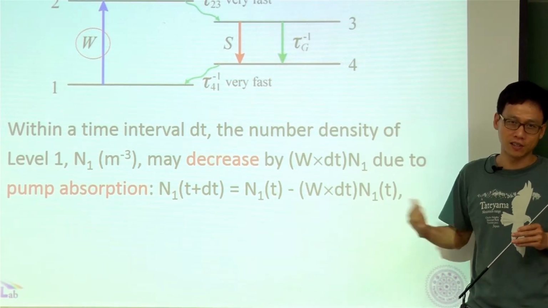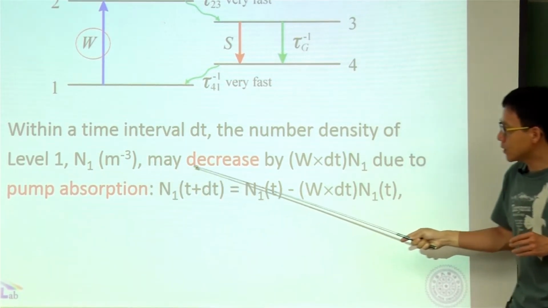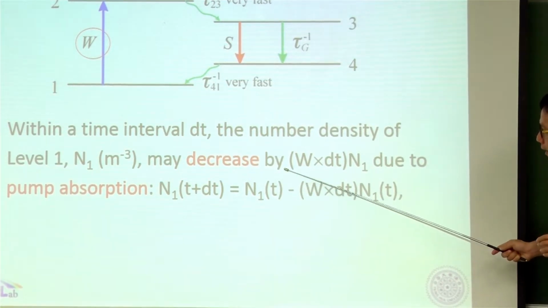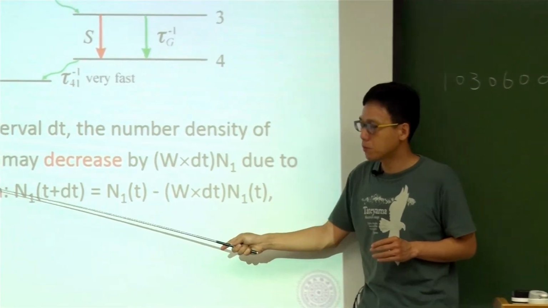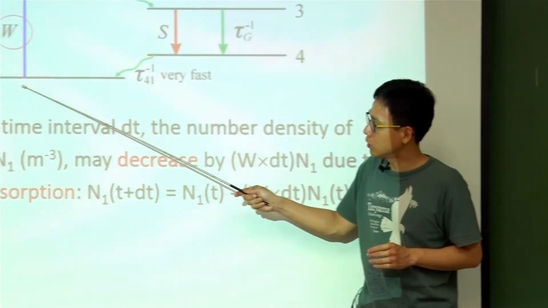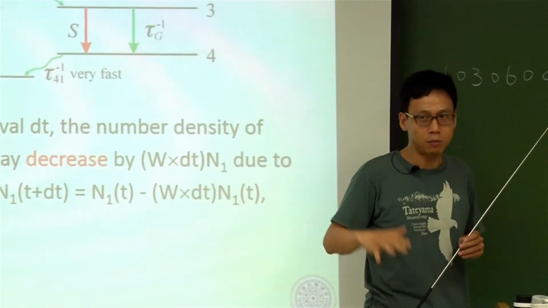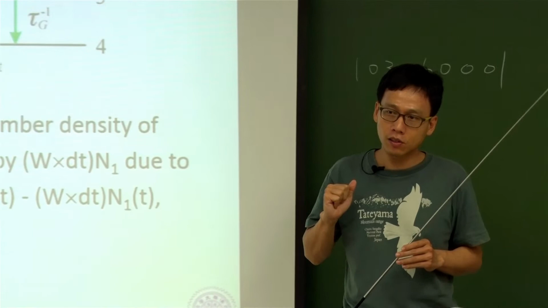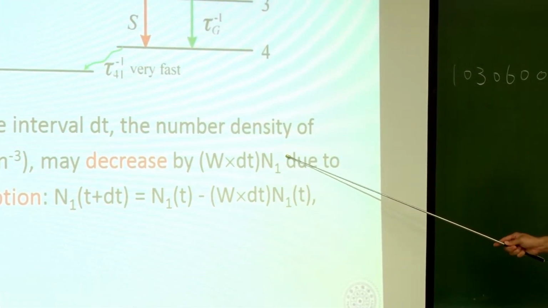The physical meaning is like this. Okay? So the number density may decrease by this amount due to pump absorption. 所以 pump 进来的时候呢，这个 level 会损失电子，number density 会下降。但是到底损失了多少？损失了这么多。Is it reasonable?